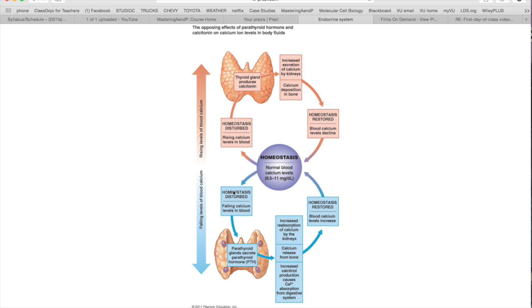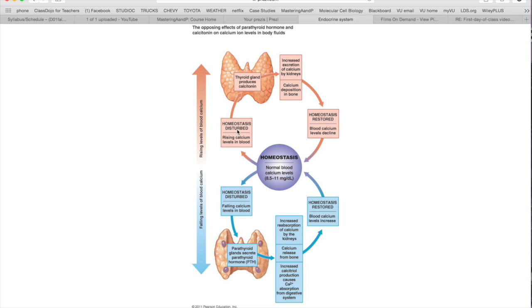So if blood calcium levels fall, you release parathyroid hormone. It will increase calcium absorption by the kidneys, increase calcium release from the bone by activating osteoclasts, and also increase calcitriol production, which causes calcium to be absorbed from the digestive system. So all these things are going to increase blood calcium levels.